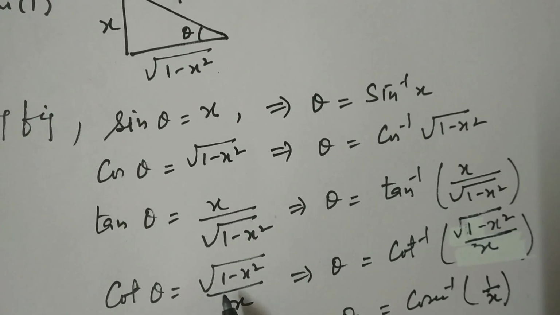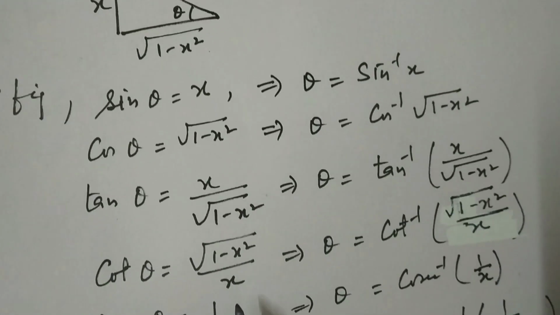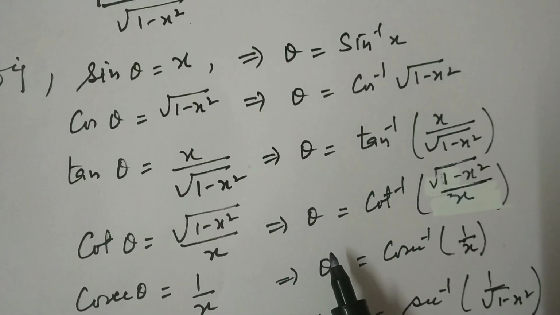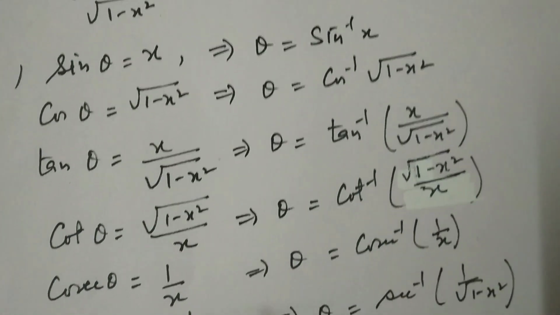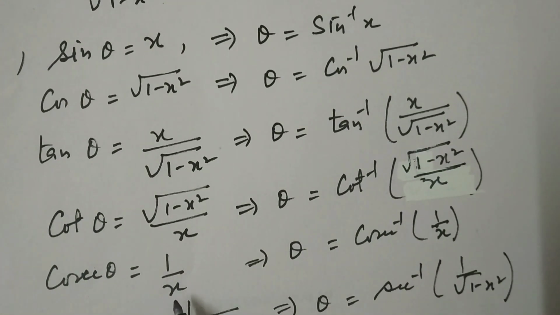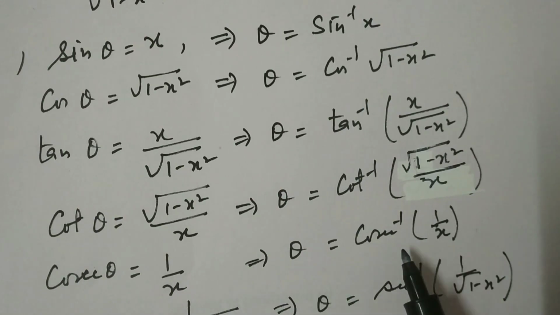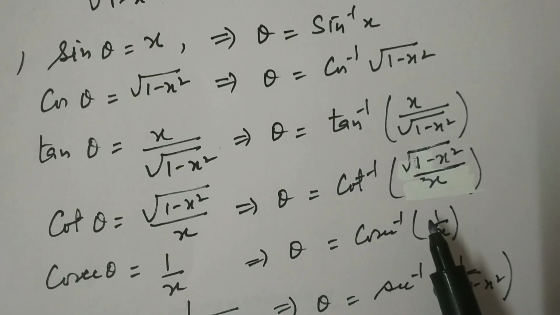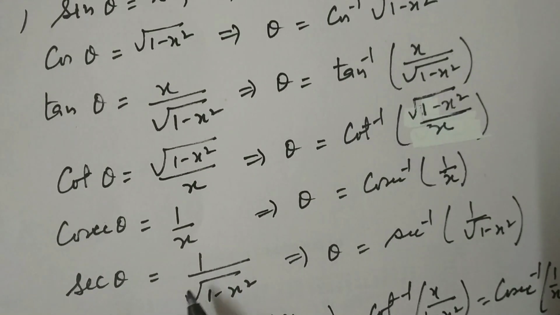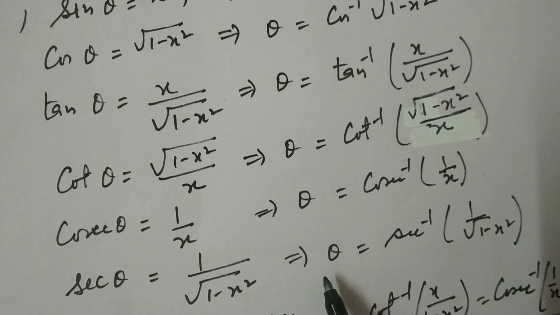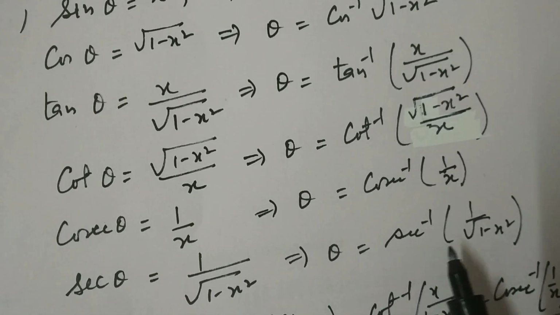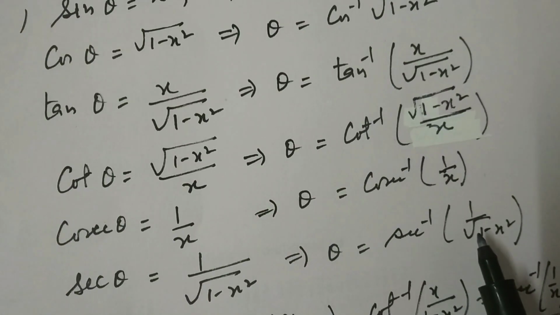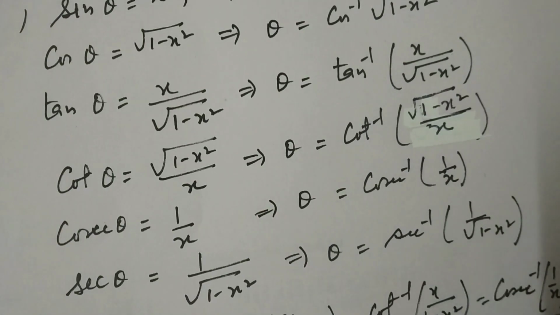Cot theta is under root 1 minus x square upon x, so theta is cot inverse of under root 1 minus x square upon x. Cosec theta is equal to 1 upon x, so theta is cosec inverse 1 upon x. Sec theta is equal to 1 upon under root 1 minus x square, so theta is sec inverse of 1 upon under root 1 minus x square.